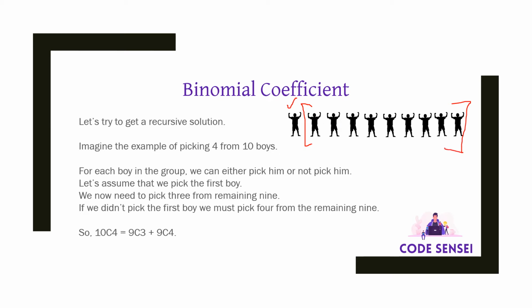So we need to pick another 3 boys from the remaining 9. Or the other option is that we don't pick the first boy. Then we have to pick 4 boys from the remaining 9, right? So the number of ways we can pick 4 boys from 10 boys is equal to the number of ways we can pick 3 from 9 boys, added to the number of ways we can pick 4 from 9 boys.